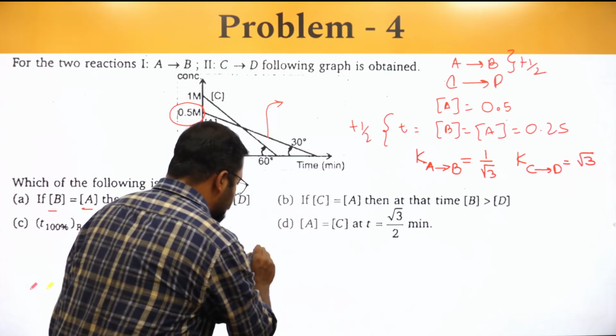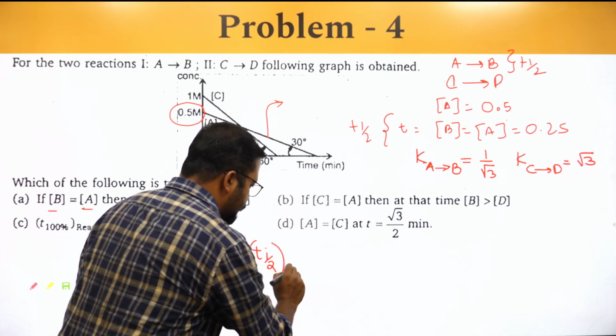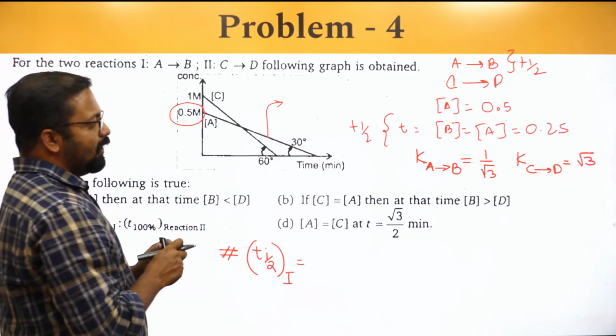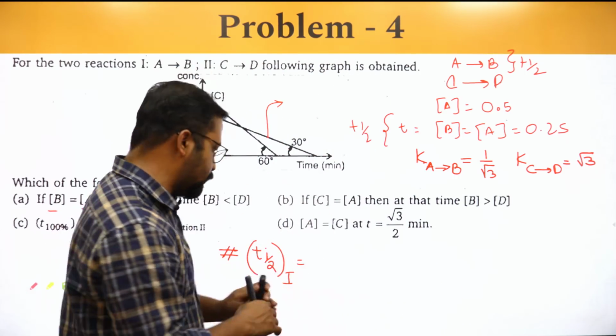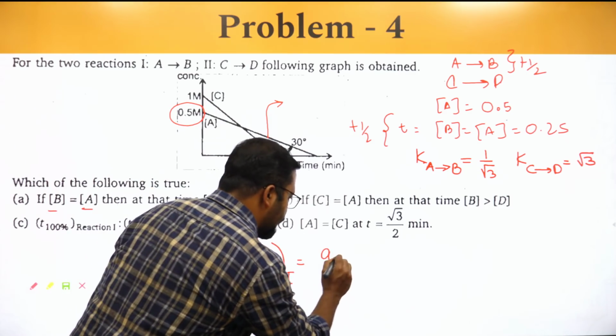What is the T half for reaction 1? Can you tell me what the slope is? I just have to take the magnitude. So if I have to find T half for the first, I will write T half as a by 2k.